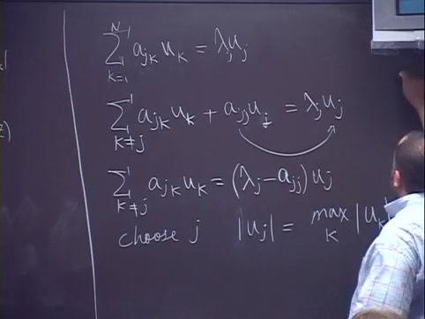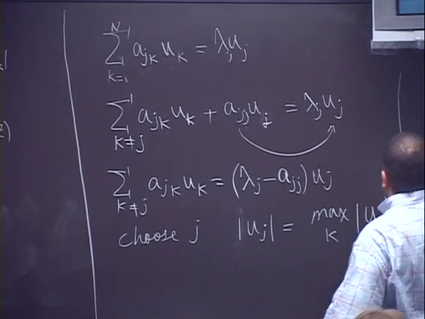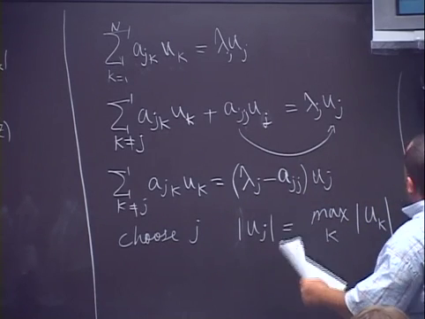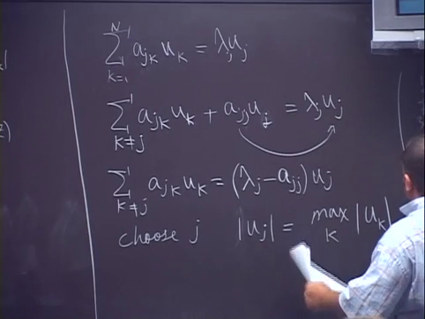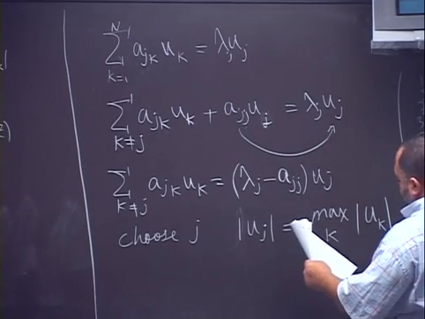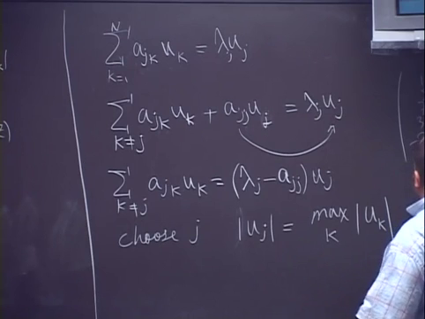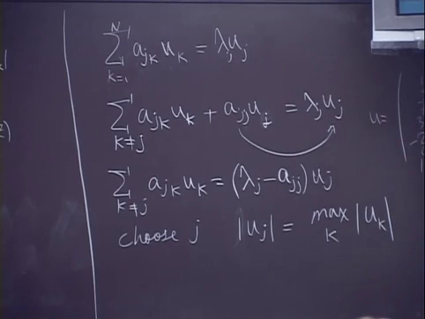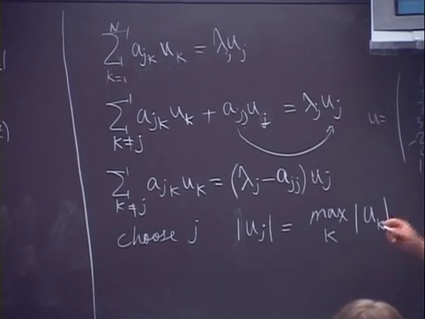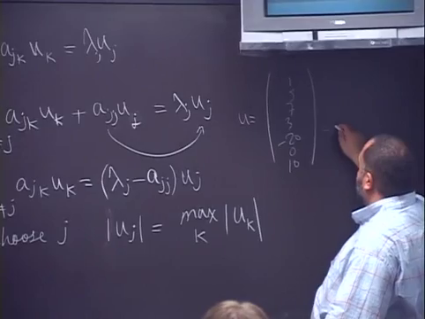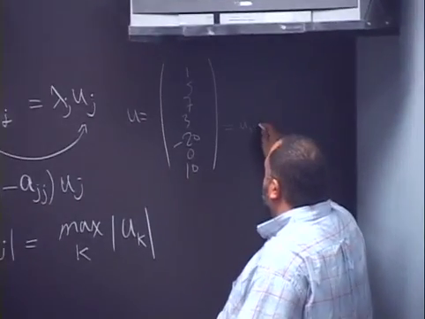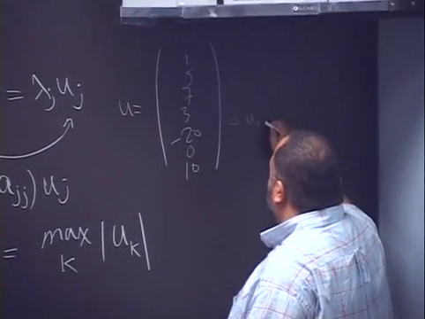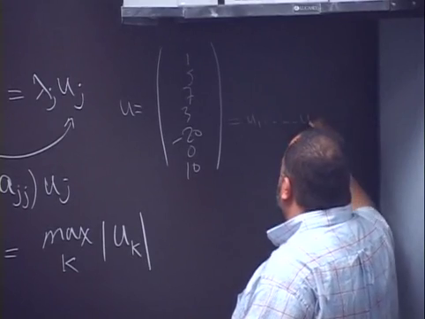So assume your vector is like this: 1, 5, 7, 3, negative 20, 0 and 10. 1, 2, 3, 4, 5, 6, 7. So your vector U has how many components? 7 components, U1 up to U7.